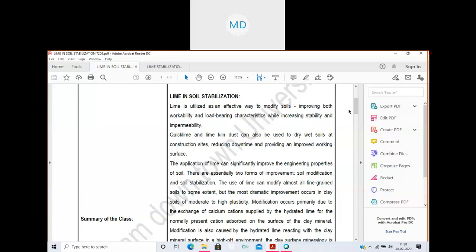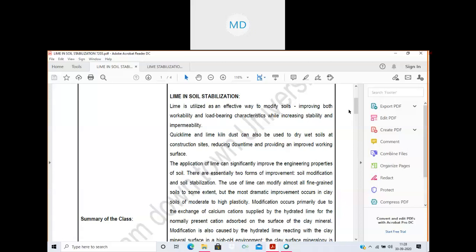If, suppose, they touch the quicklime barehanded, then this may cause burning effects and various other problems in the skin. So generally hydrated lime is preferred, and whether we use quicklime or hydrated lime, the result is almost the same at the end.